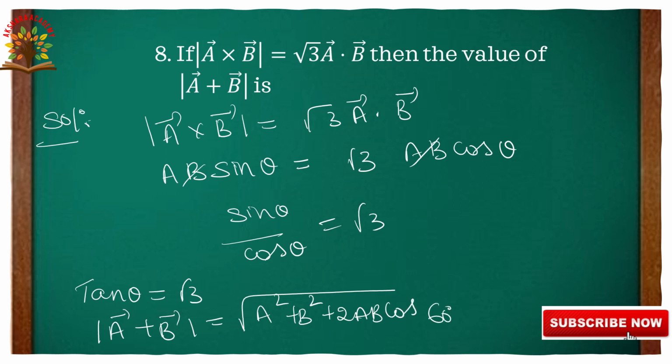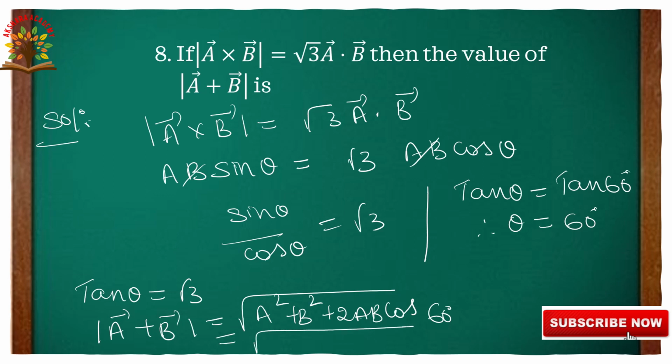Here tan theta is equal to root 3, nothing but we can write tan 60. So tan theta is equal to tan 60, theta is equal to 60 degrees. Substituting the theta value 60 degrees, that is equal to root of a square plus b square plus 2ab cos 60, cos 60 being 1 by 2.